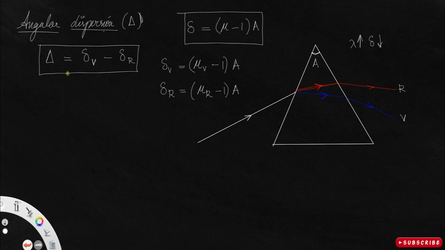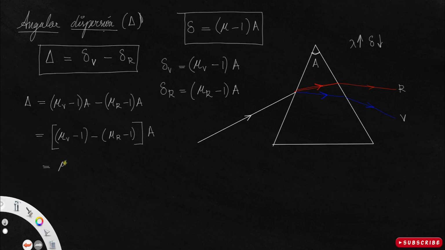So when I plug in these two values in here, it will be mu v minus 1 times A minus mu r minus 1 times A. I can take the A out, so this will be mu v minus 1 minus mu r minus 1 times A, since A is common for both these terms.